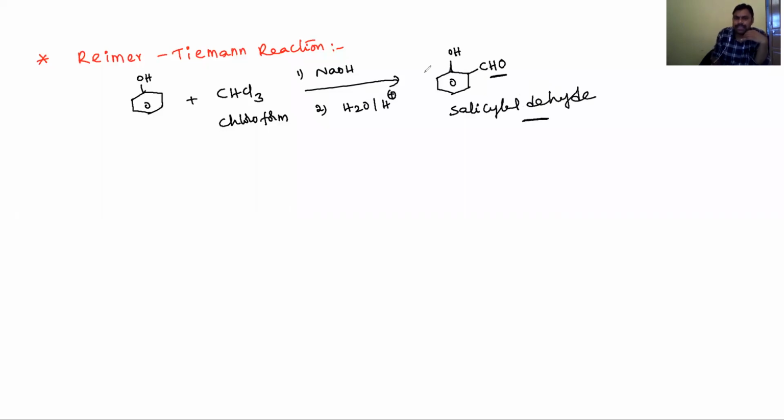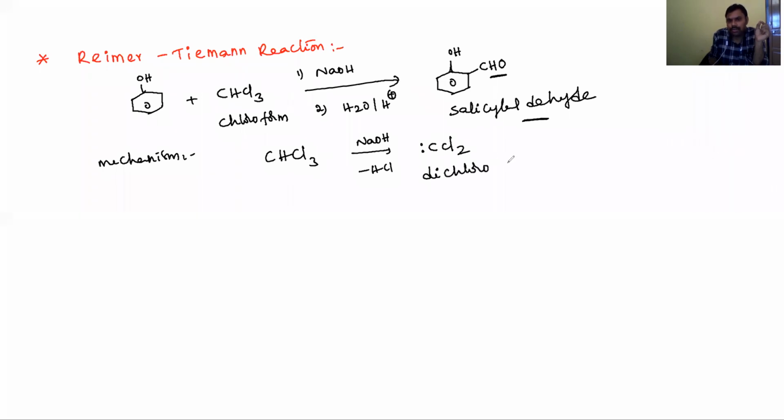Okay, students. Now, if you are understanding the mechanism, CHCl3 reacts with base NaOH, with loss of hydrogen and chlorine, and produces CCl2, dichlorocarbene, as an intermediate. The dichlorocarbene intermediate is an electrophile.